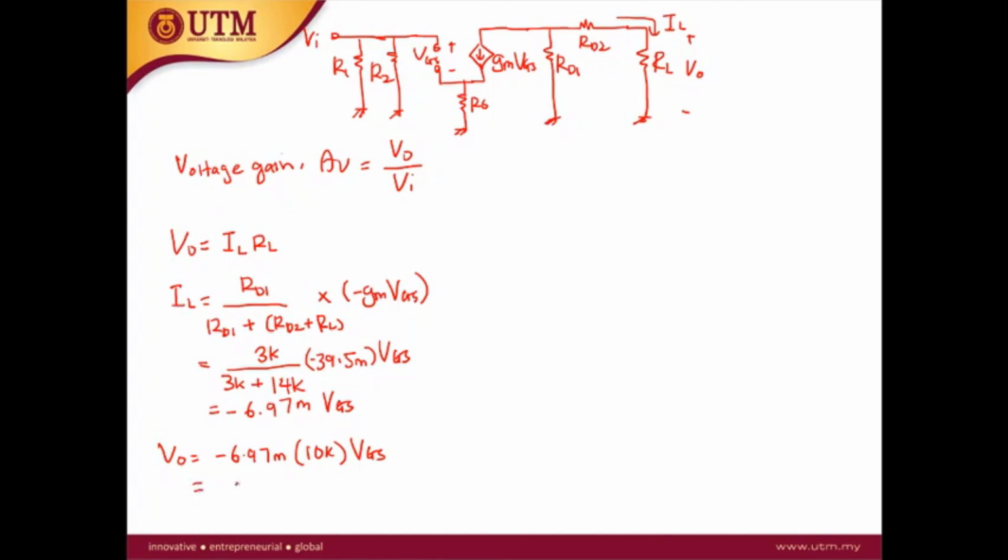Make sure that you do not miss the VGS. So this will give you minus 69.7 VGS. Okay, so this is V out.